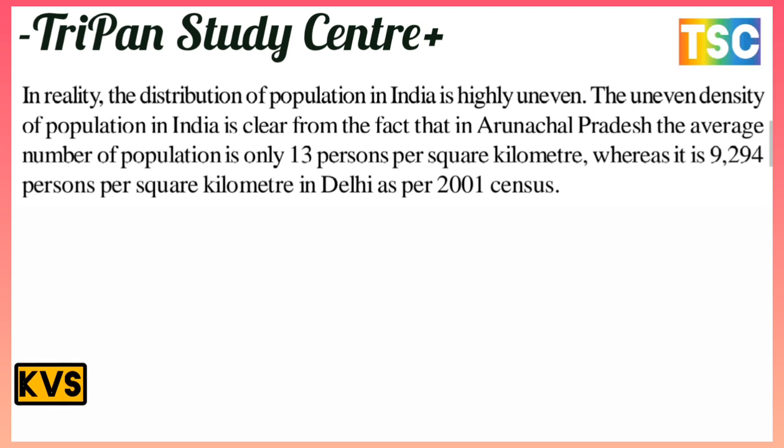The uneven density of population in India is clear from the fact that in Arunachal Pradesh the average number of population is only 30 per square kilometer, whereas it is 9,294 persons per square kilometer in Delhi, as per the 2001 census. There is a very large density on this side of Delhi.